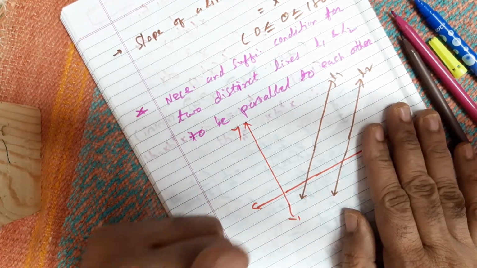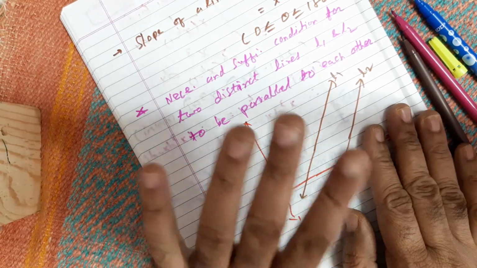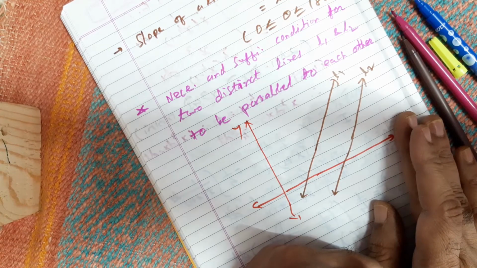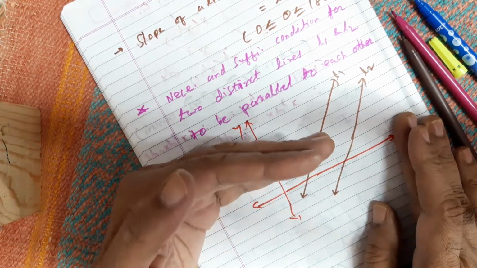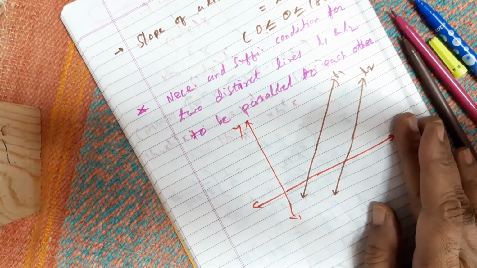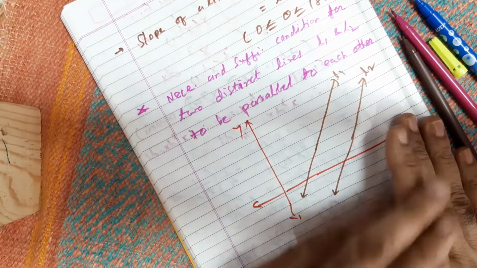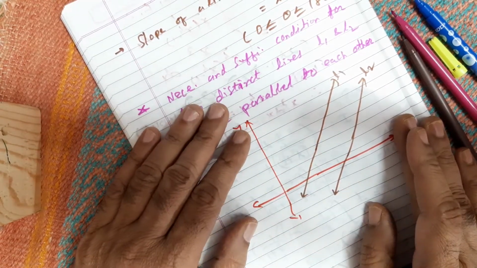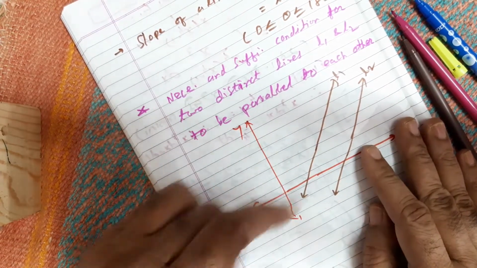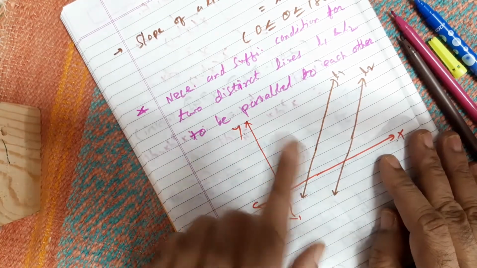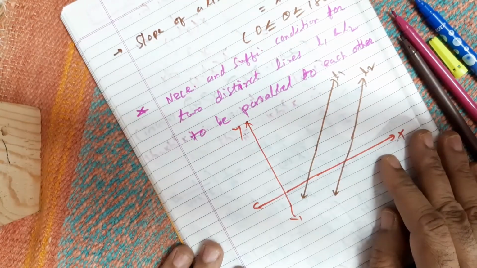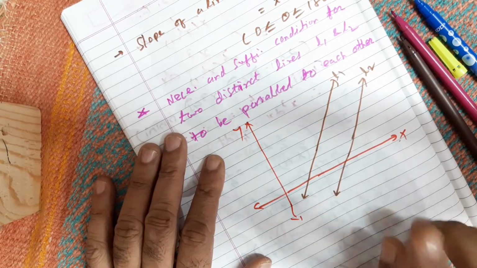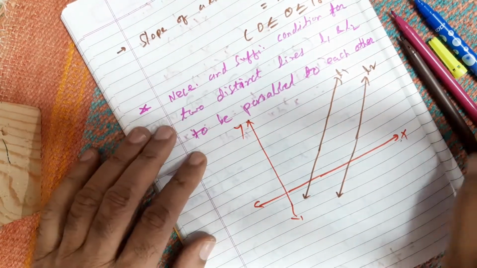Suppose L1 and L2 are parallel, then there is some condition which must be fulfilled, and conversely, if the condition is fulfilled, then the two lines are bound to be parallel. Like Pythagoras and its converse, both are true. So it is called a necessary and sufficient condition. Symbolically we call it double implies, the two-sided arrow.